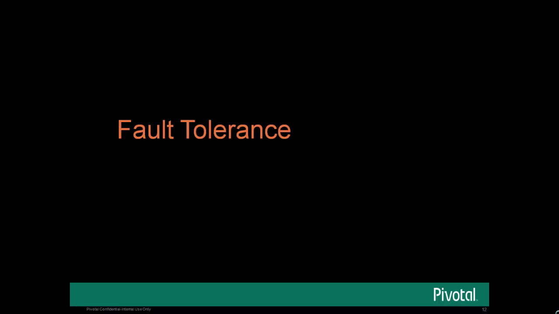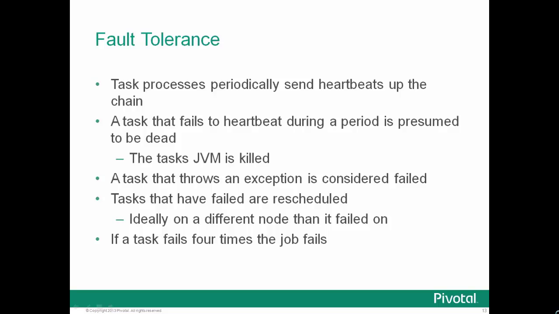Let's talk about fault tolerance in a MapReduce program. Tasks periodically send heartbeats up the chain to the master, whether it be a job tracker master or a resource manager master. Any task that fails to heartbeat during a particular period is presumed to be dead, and that task's JVM will be killed.